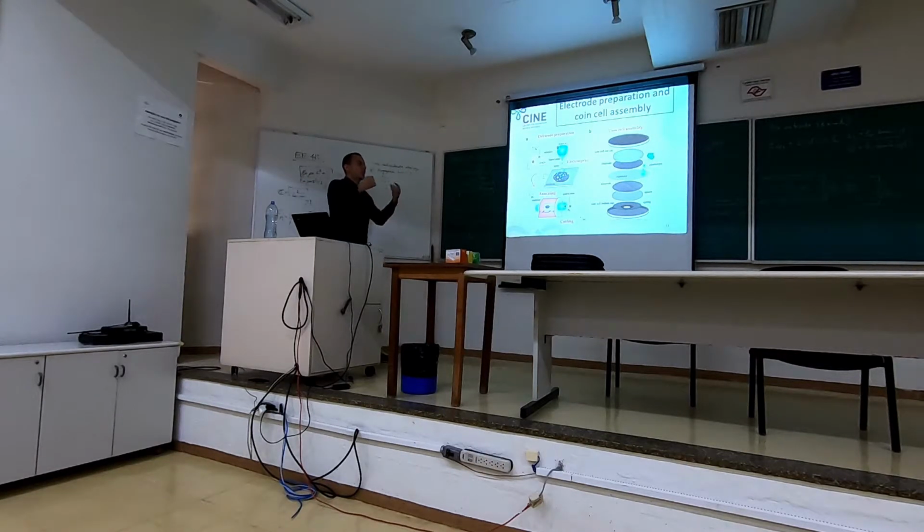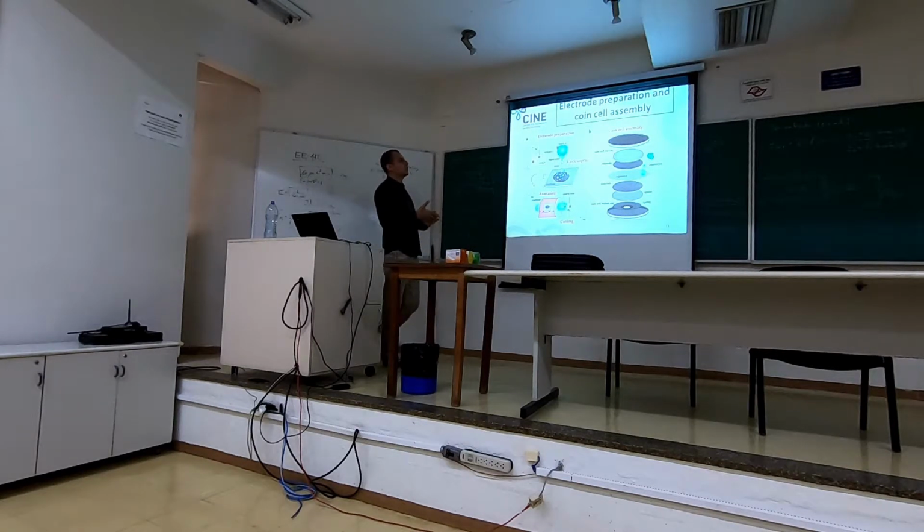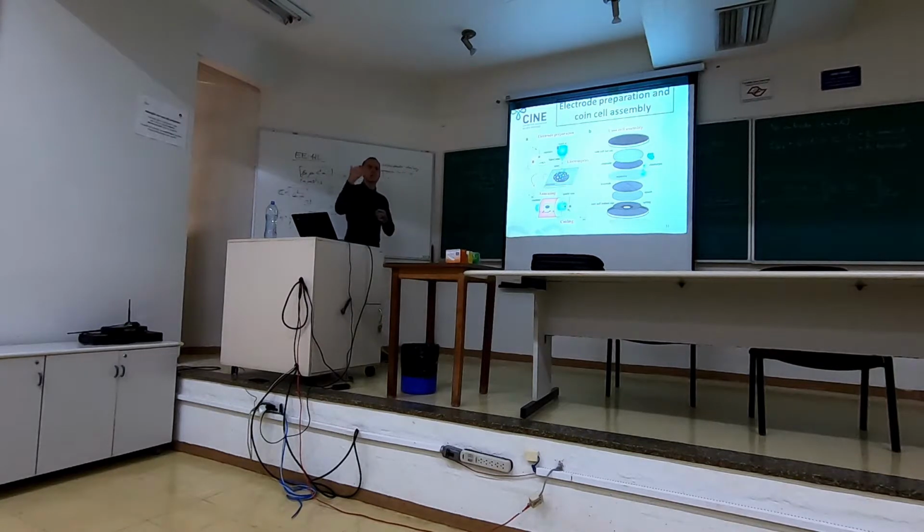Again, I will just show you the main results, such as cyclic voltammetry, charge and discharge, and scanning electron microscopy, but mainly I will show you the Raman operando analysis.